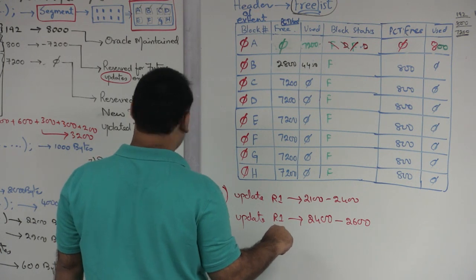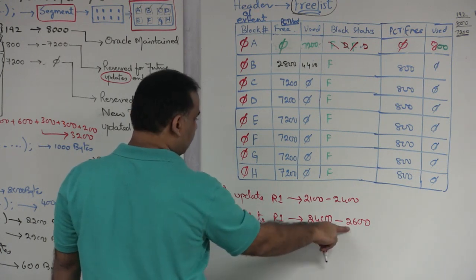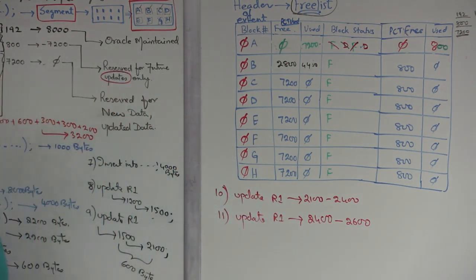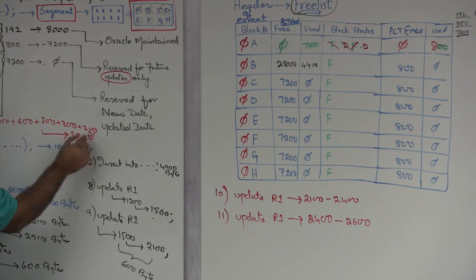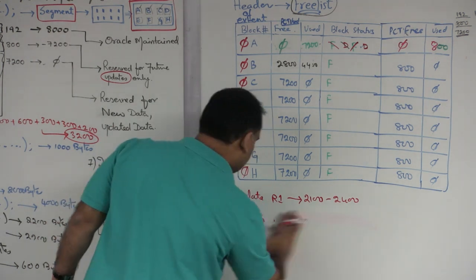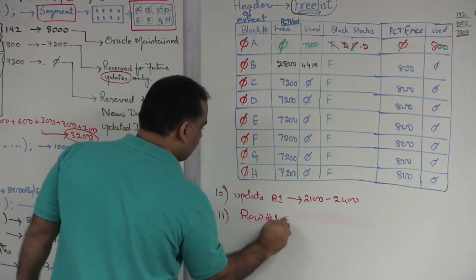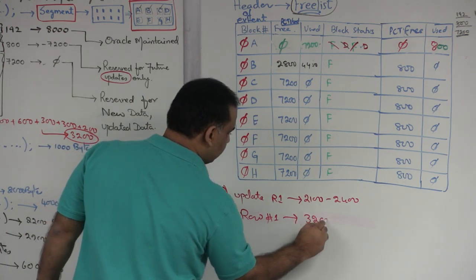Only 600, one time only. Okay, let's just say the current row size of this is 3200. So right now, if I start looking into this, row number 1, current size is 3200.